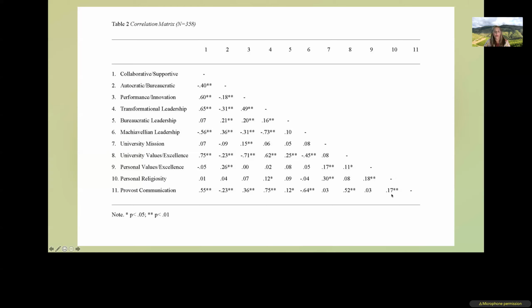This was between provost communication and personal religiosity. It's not a strong correlation. However, what we did find is pretty significant in terms of the fact that they were even related. There is something there, albeit very weak. And that's kind of what that is denoting.